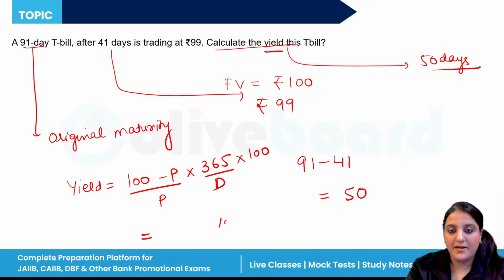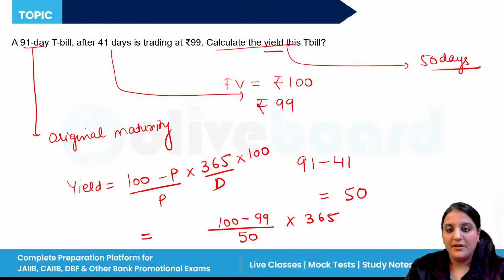So this is 100 minus 99, divided by 99, multiplied by 365, divided by 50.